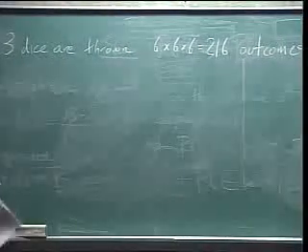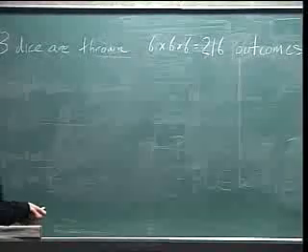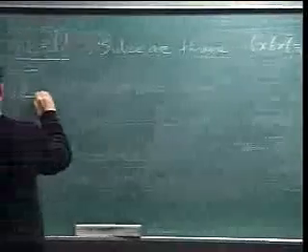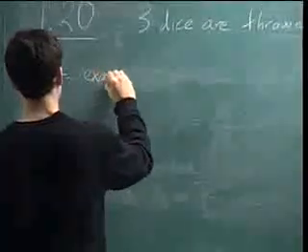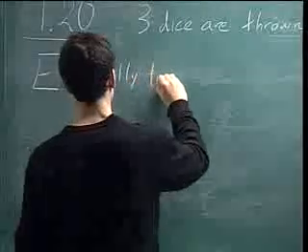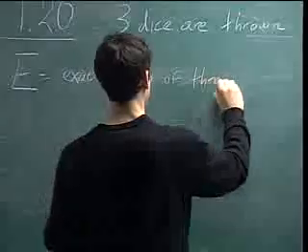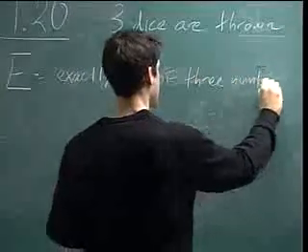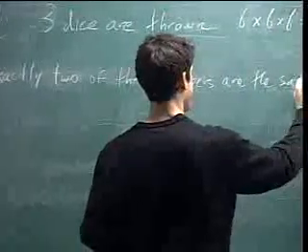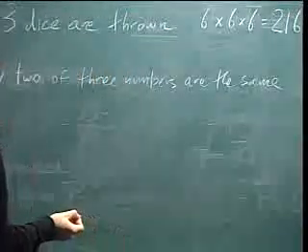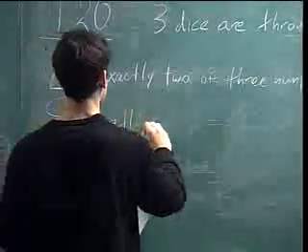Now we will partition the sample space in a clever way in order to calculate this probability. So let's say that E is the event that exactly two of 3 numbers are the same. S is the event that all numbers are the same.